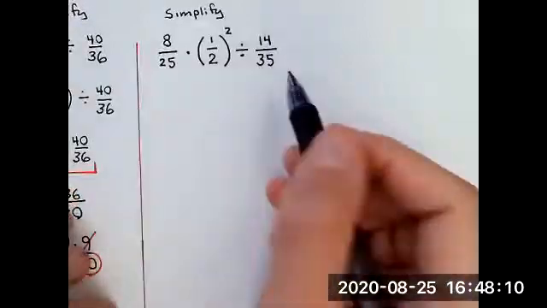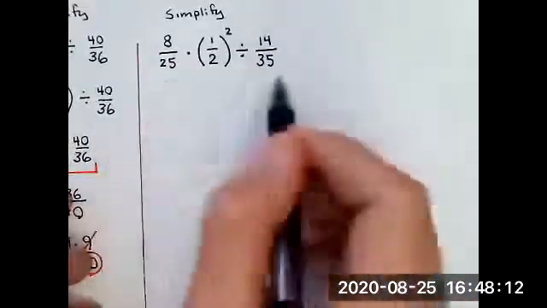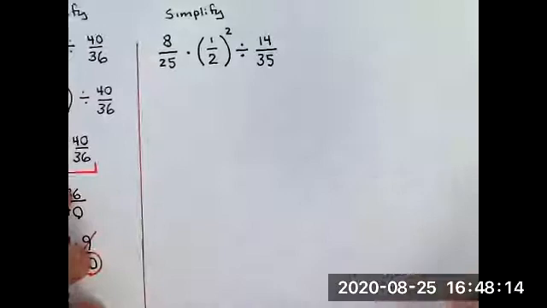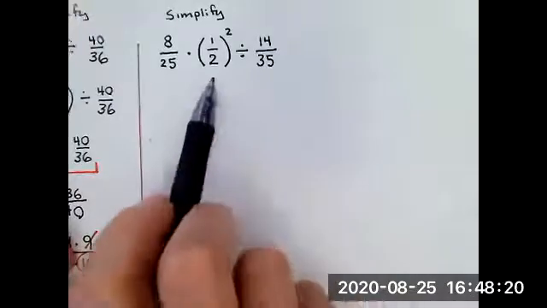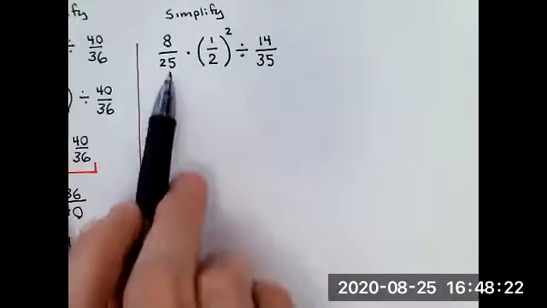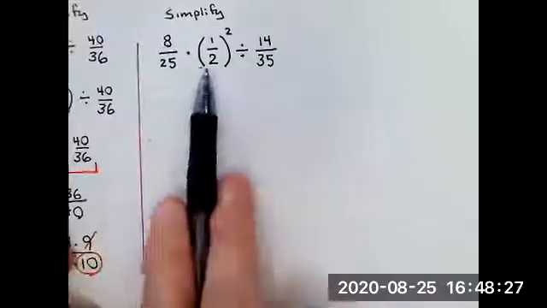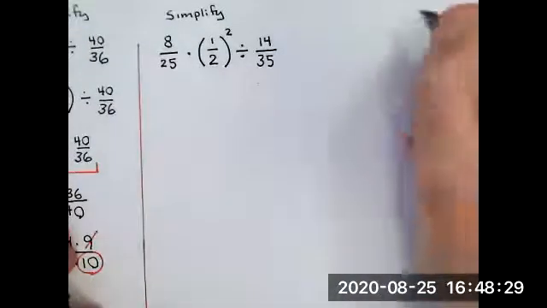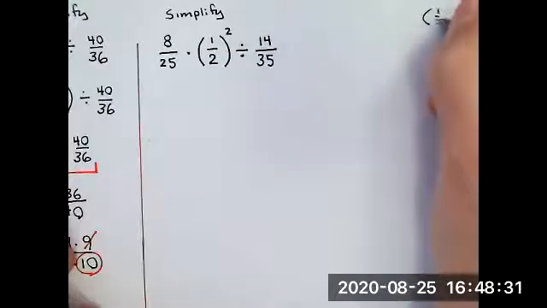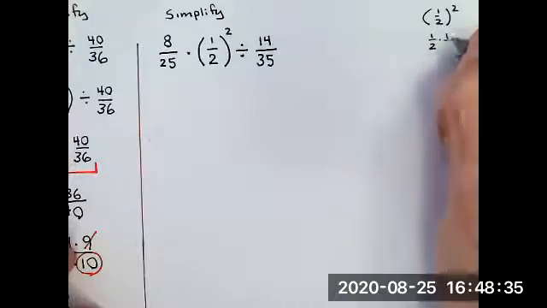All right, let's try this example. And if you want, you could hit pause and try it out yourself before watching the answer. All right, so we have an exponent, there's a multiplication, and then a division. So we do the exponent first. And remember that 1/2 squared is 1/2 times 1/2.